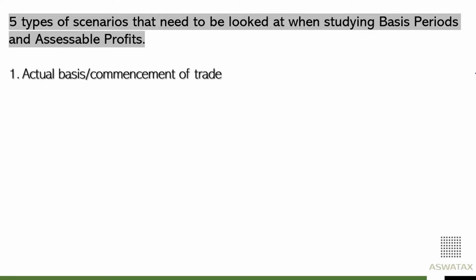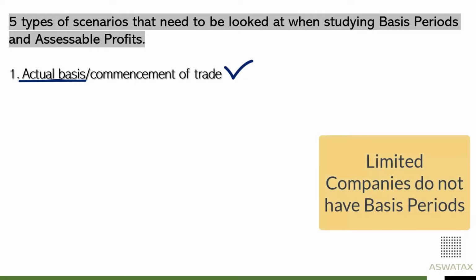The first one is the actual basis, which is relevant on commencement of trade. So the actual basis is relevant when a sole trader or a partnership commences trade. Just bear in mind that limited companies do not have basis periods, not relevant at all.